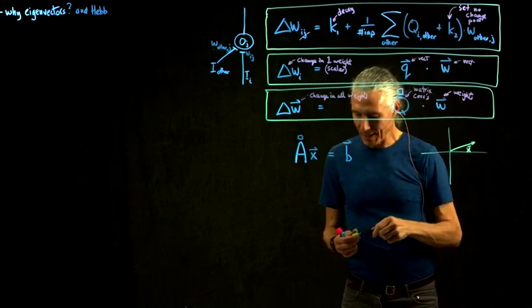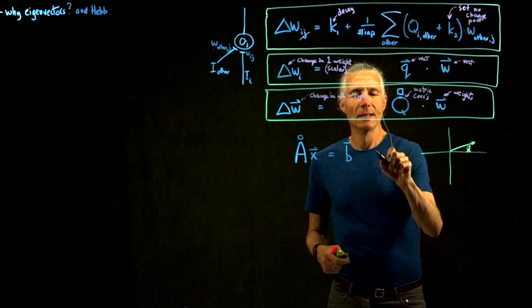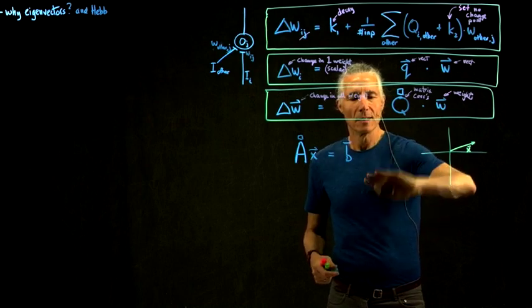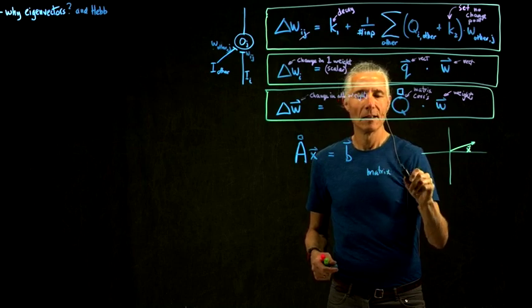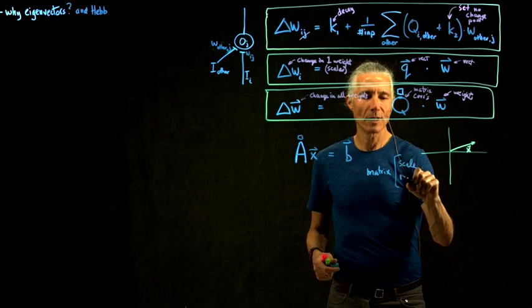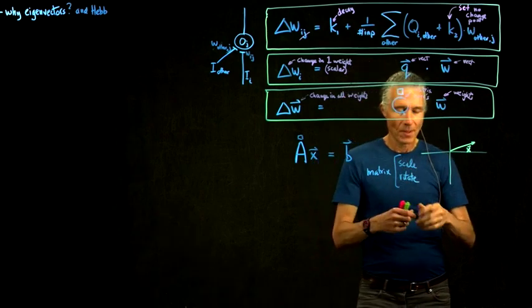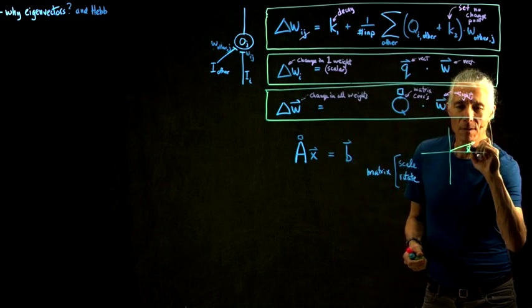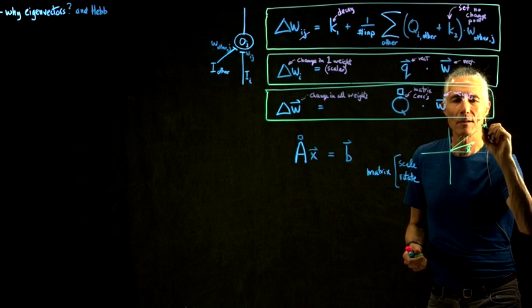Well, a matrix can basically scale or rotate, or both. If this is our starting vector, when we apply that matrix, we'll get another vector, say that's the B vector. So it goes up to there.